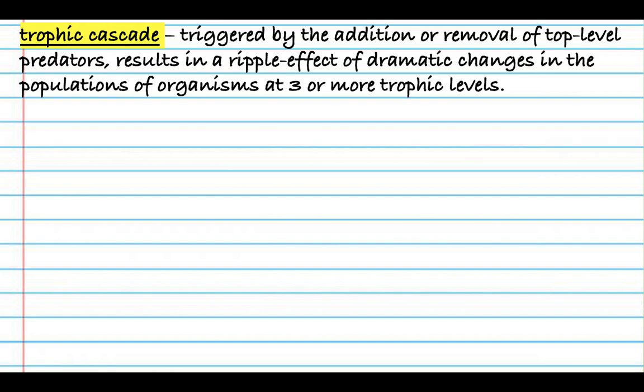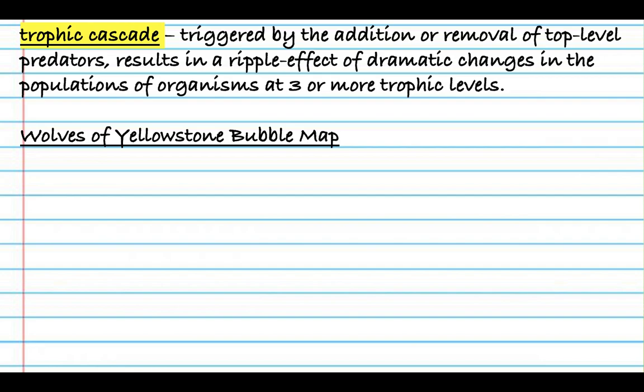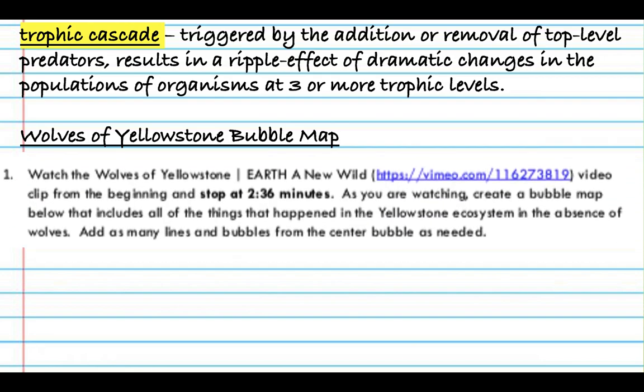So, okay, having said that, I'd like you, below your last definition, to make your bubble map. This just describes perhaps what time you may want to stop the video to start making your bubble map.